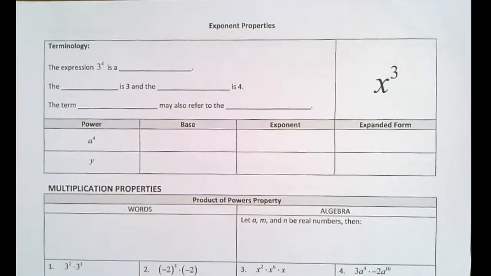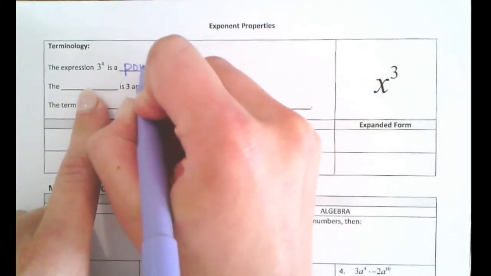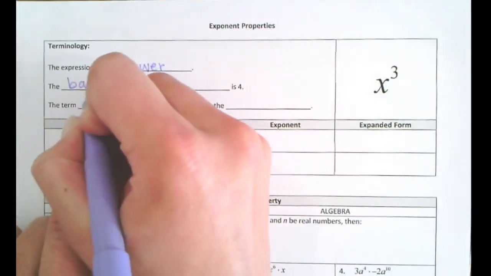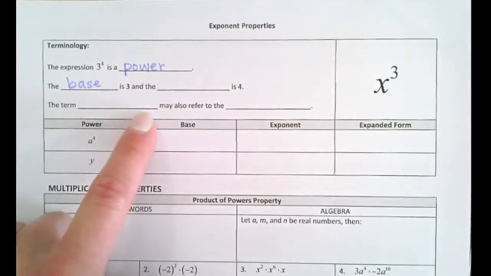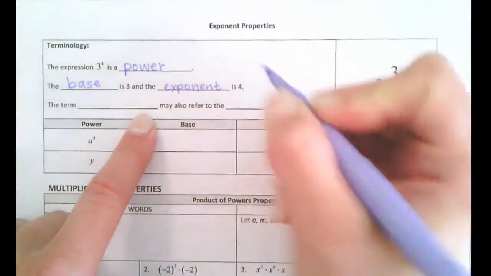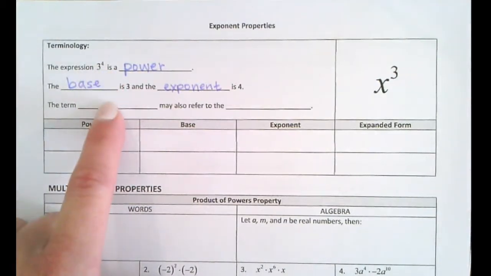you the expression of 3 to the 4th power. This, in general, is called a power. The base of this power is 3, the base of it. And the exponent is 4, right there as the superscript.